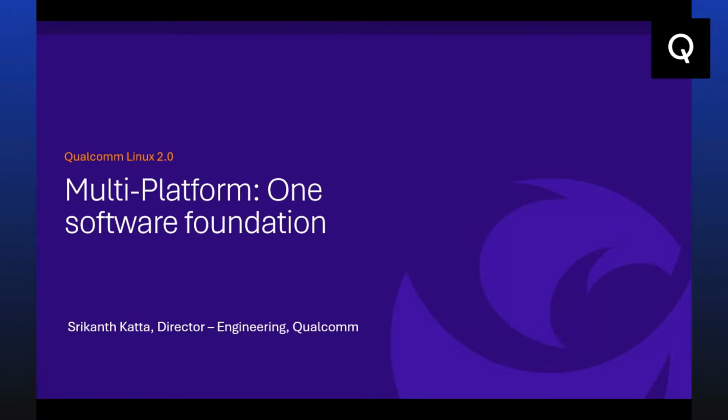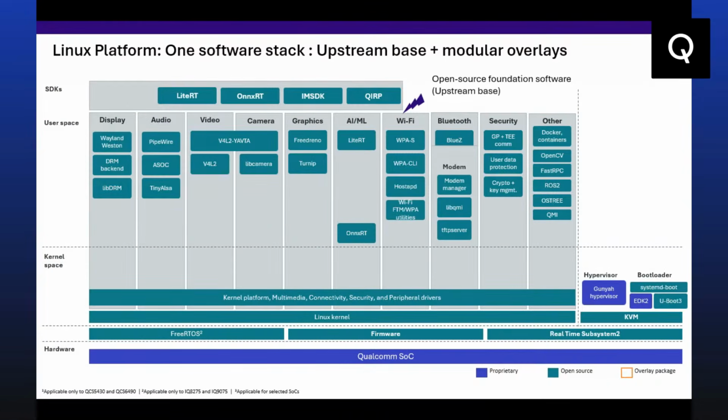End result, we were carrying a high technical debt that multiplied with each release and with each SoC that was getting added to Qualcomm Linux. With 2.0, we have resolved these challenges. Let me share how. As can be seen, with 2.0 we have a single unified software base built with the latest and greatest kernel and Yocto LTS releases.